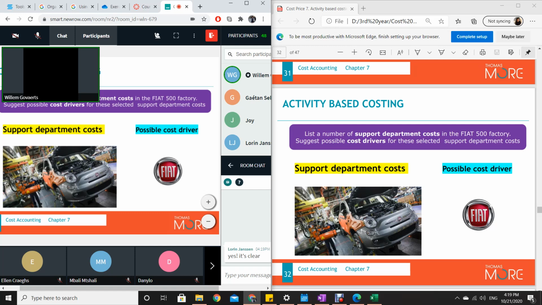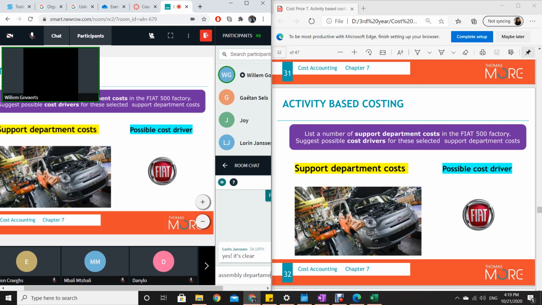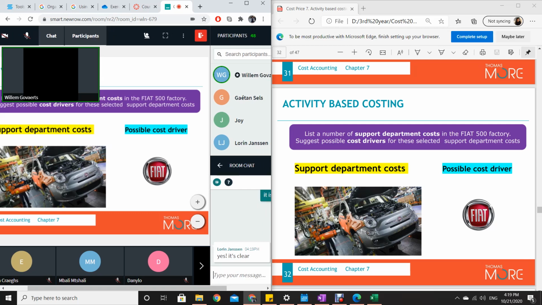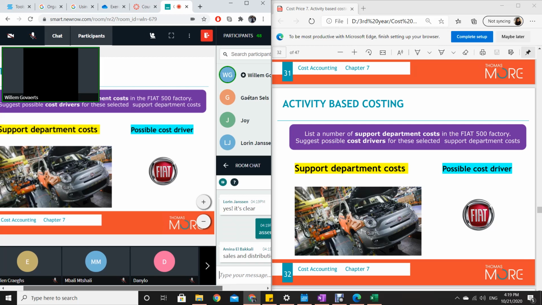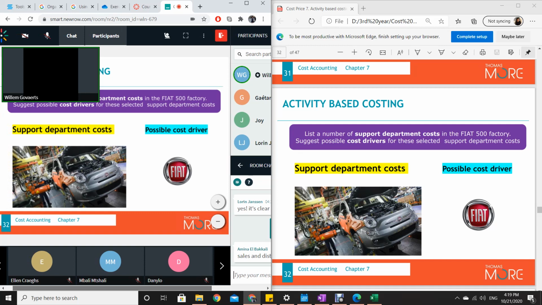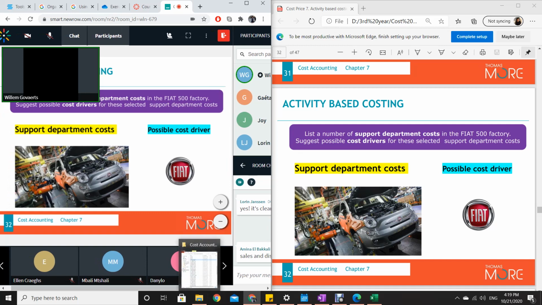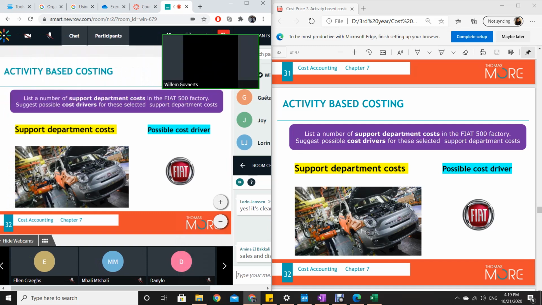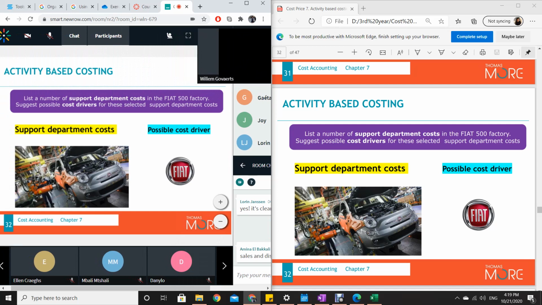Can you give some of the departments you have in a car factory which are necessary? What kind of activities are done, which can be seen as overheads, but which are needed to make a car?